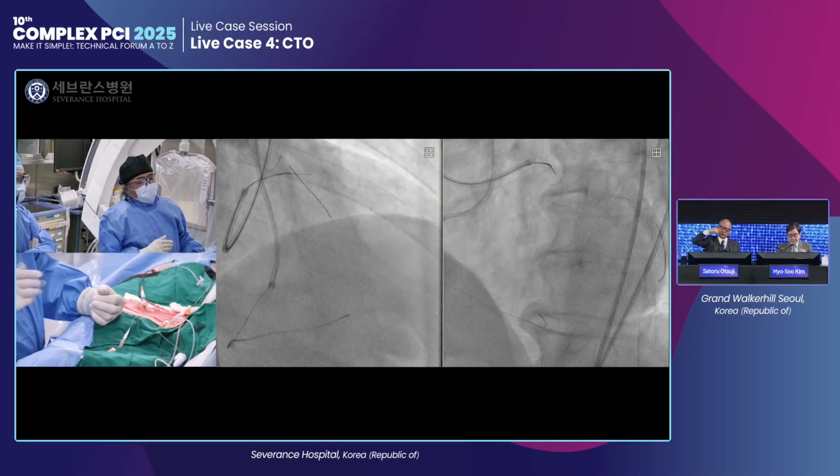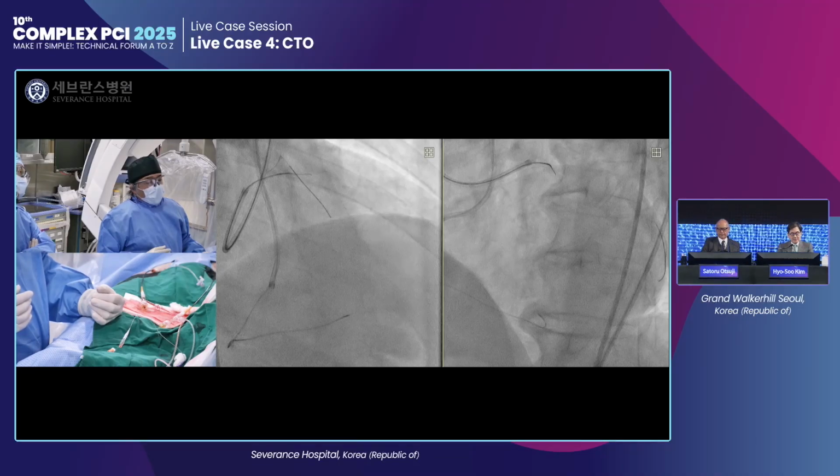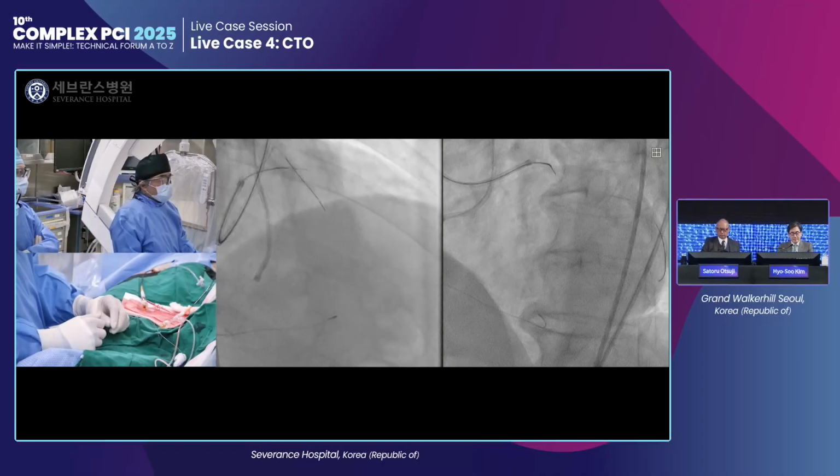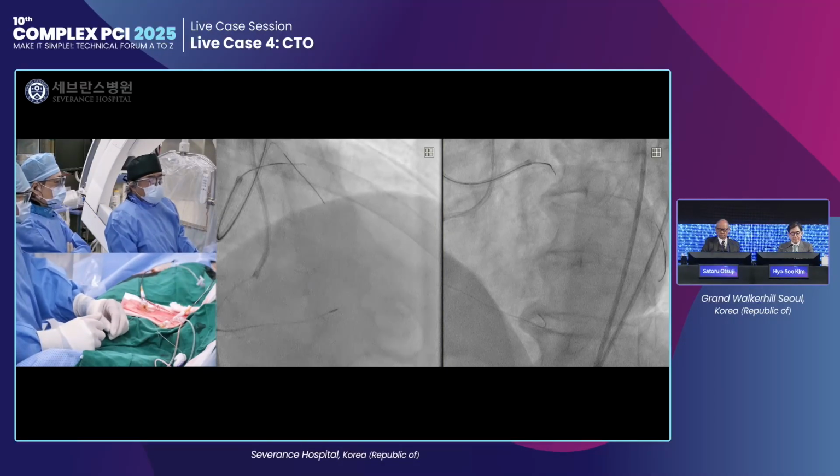This is the antegrade procedure. Okay, go ahead.